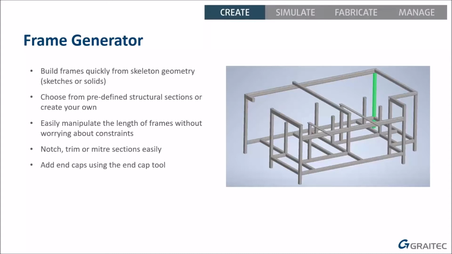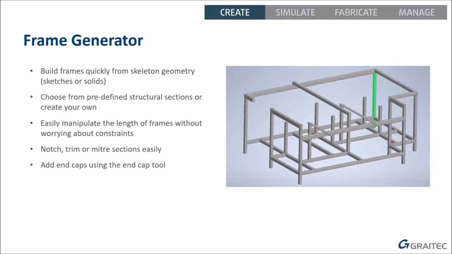And I'm sure you've had nightmares like that where you've put an assembly together and then it all sort of falls apart when you make one or two small changes. So the frame generator is a great way to get around that. It's going to be a lot more robust and you're not going to need to apply any of those constraints in the first place.